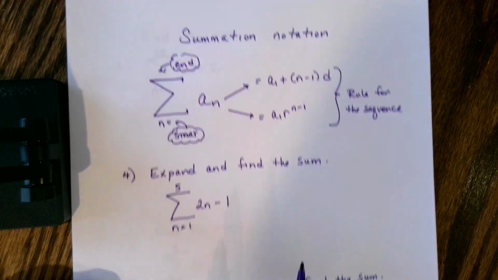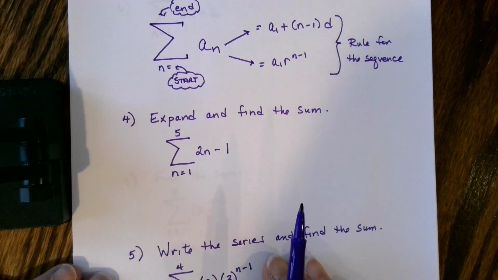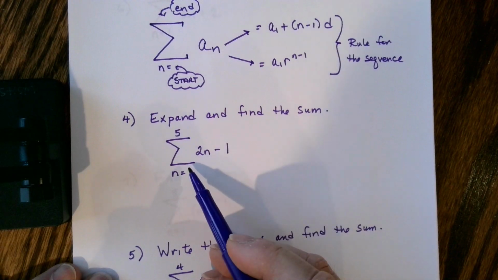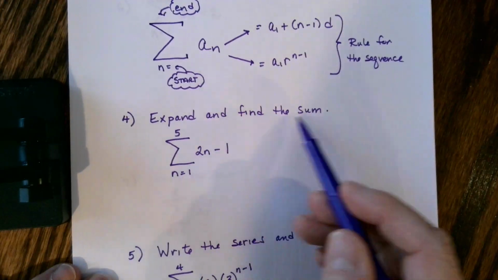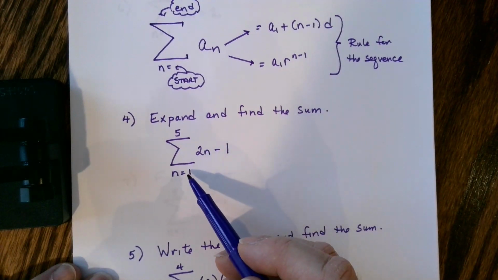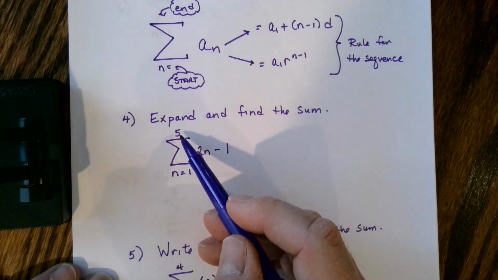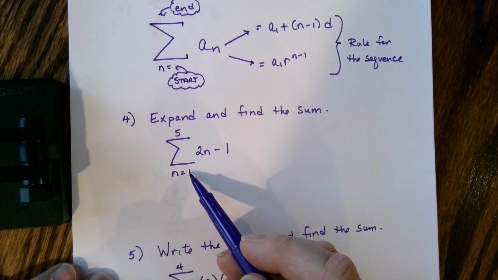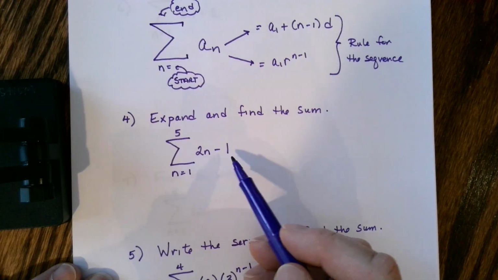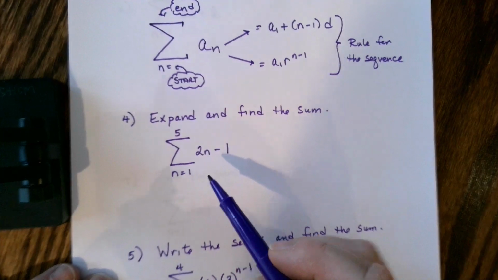So for example, let's say that you were asked to expand this notation and find the sum. What they've given us is the fact we want to start with the first term and we want to end with the 5th term. So these are going to be the values for n that we're going to substitute into this formula, which is the rule for our sequence.